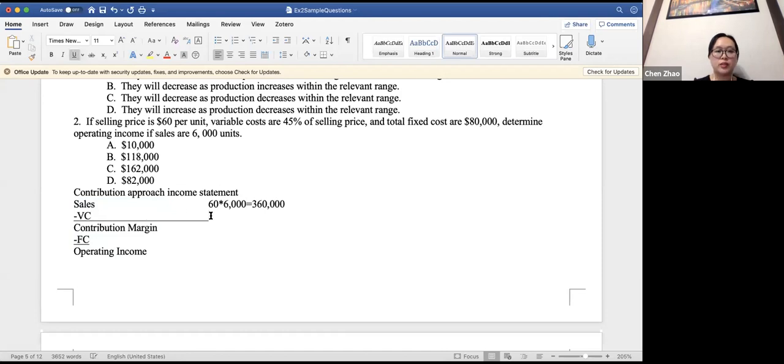What is the variable cost? Variable costs are 45% of selling price. So 45% of our selling price, which is 60, is our variable cost per unit, right? And what is our total units? Our total units is 6,000, right? And then our total variable cost is, anybody help me?